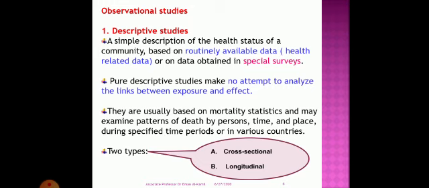There are two types of studies: cross-sectional and longitudinal. Sometimes we use mortality or morbidity statistics and examine the pattern of the disease in certain persons regarding time, place, and characteristics of the individual during a specific period of time.